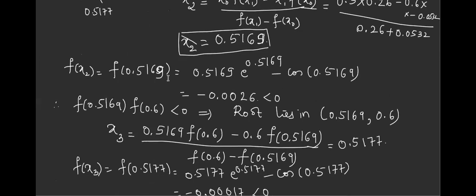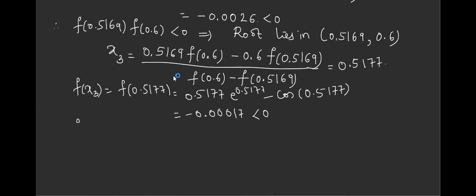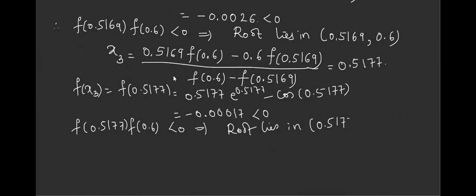Write the conclusion: f of 0.5177 into f of 0.6 is less than 0. This implies root lies in 0.5177 comma 0.6. Calculate one more, and we'll end up with the solution part.